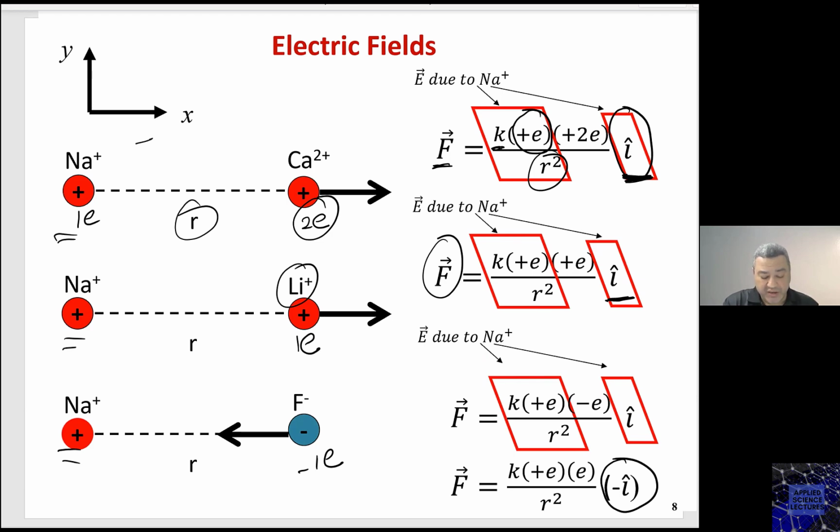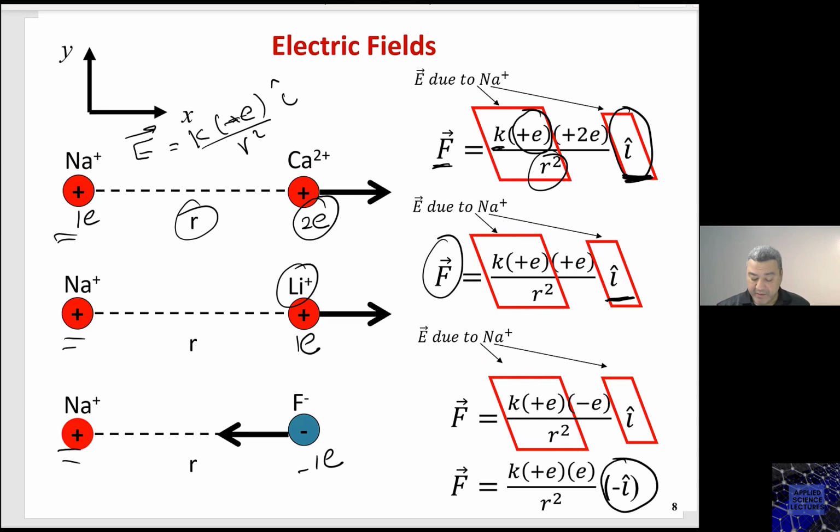So here, I will write E equals K plus e divided by r squared i hat. Same thing here: K plus e divided by r squared i hat.